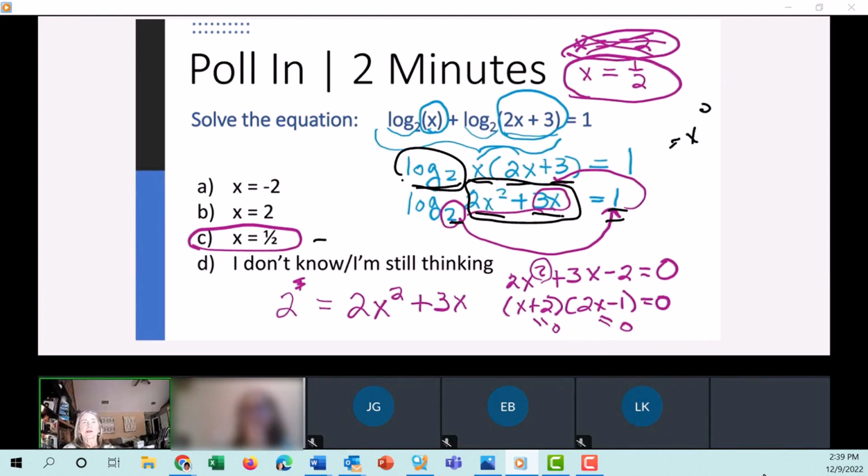So we've got to write this as a log. We have a log on the left, we've got to write a log on the right. So 1 is equal to log base 2 of... How do I write this?